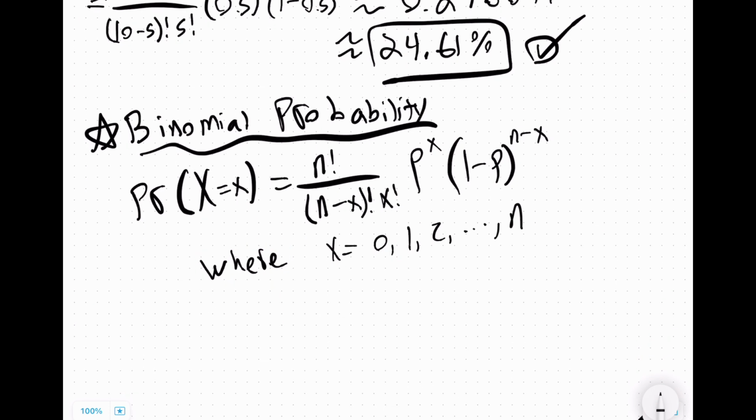So p refers to the probability of success, n refers to the number of trials, and x refers to the number of successes out of those trials.